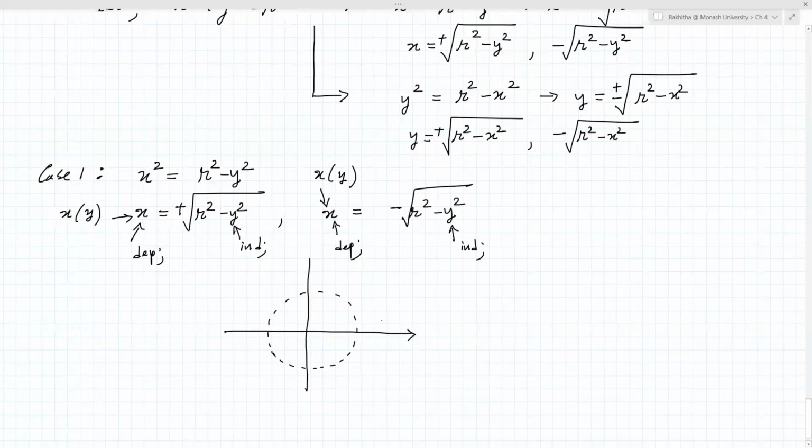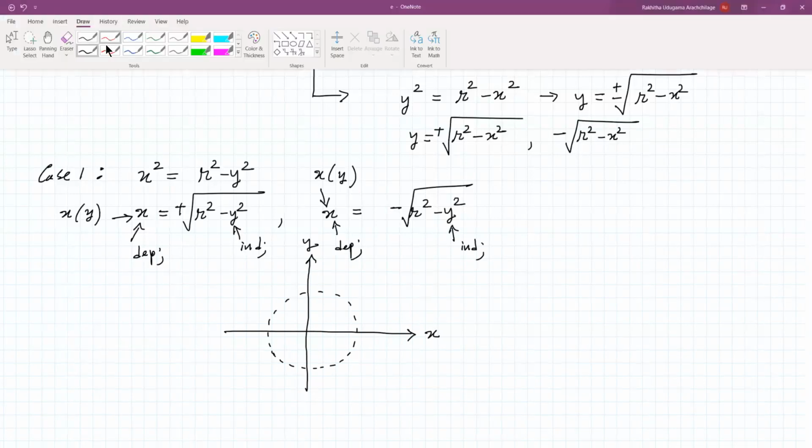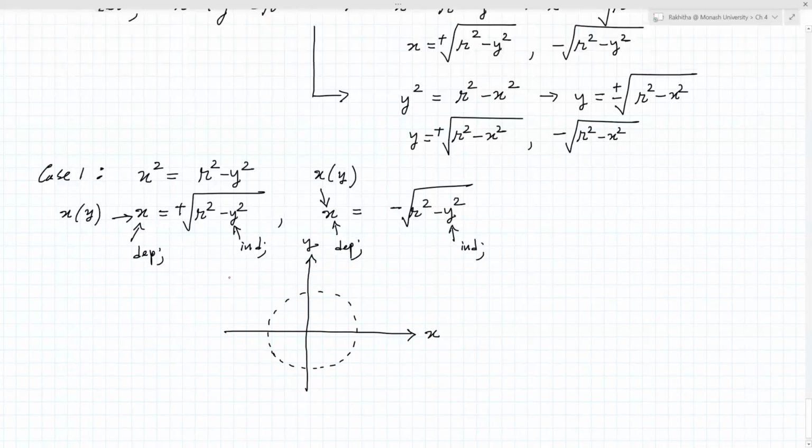Now we will try to understand what we are talking about. Now I'll use a different color here. First of all, I will take the plus solution. Now x is a function of, please look at this, x is a function of y, right? So what is changing now? Y is changing, right? As a result, you get x.